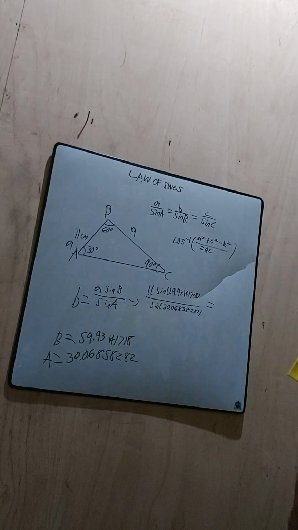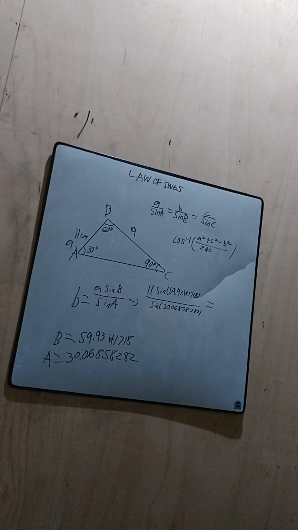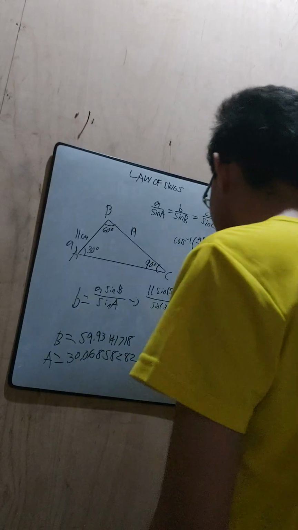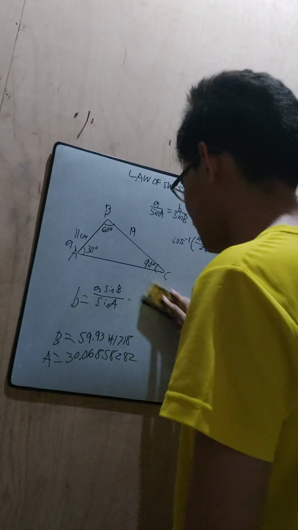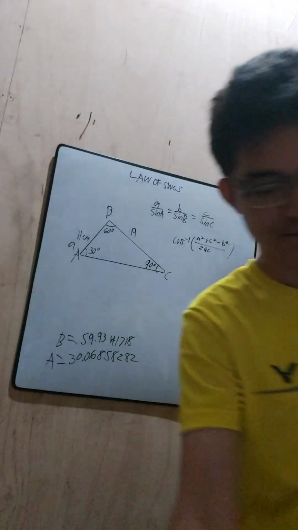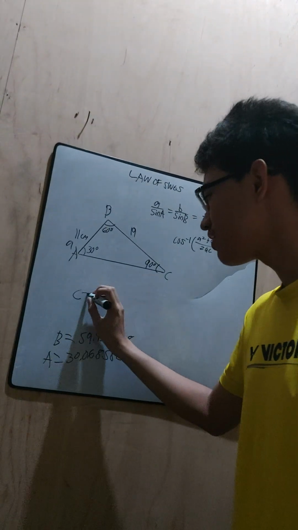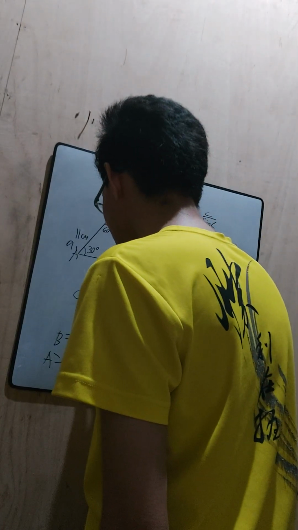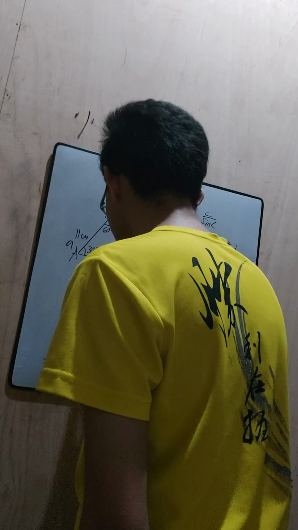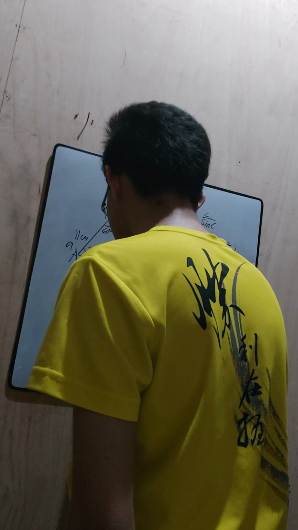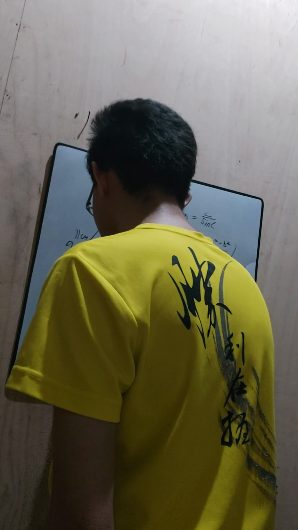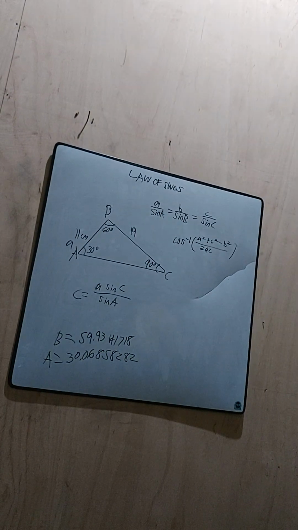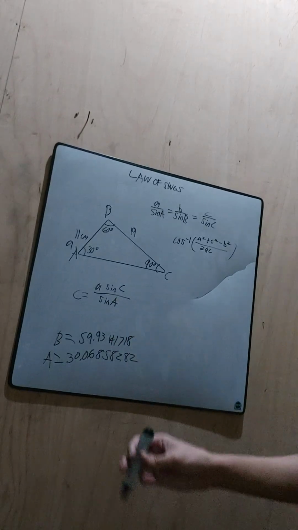All right, now let's go for C. Now to get the value for the side C, we just simply write it as a sine angle C over sine A. So basically that's our formula.